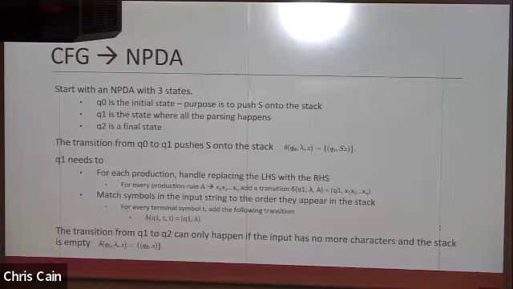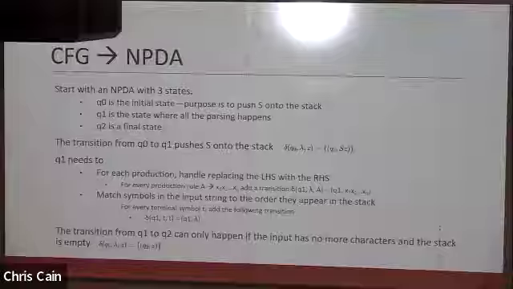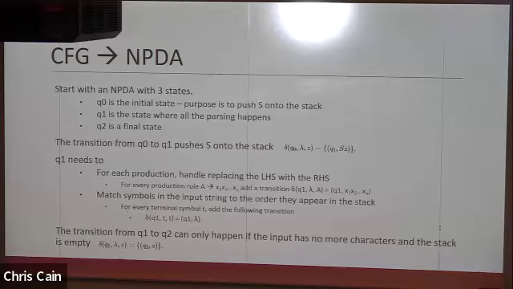So let's give you an example of what this would look like. I'll leave this here for people to take a couple of notes. So this should seem just like an NPDA that we've constructed in the past. We just need rules for replacing left-hand sides with right-hand sides, and then rules for matching characters.